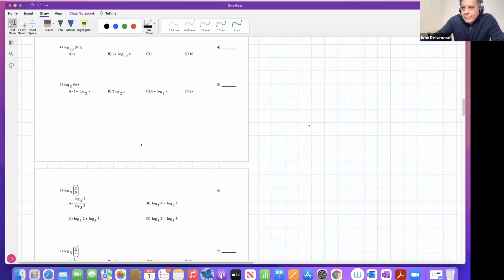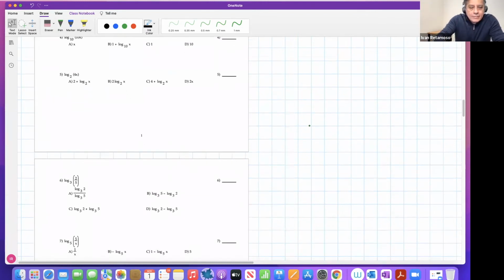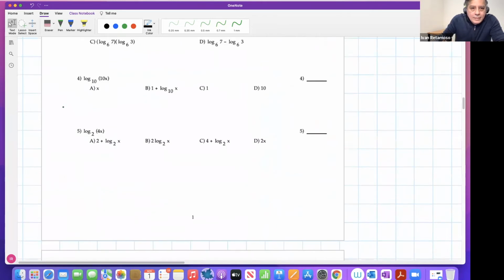For instance, we did change of base. Now, let's start with number 5. It's a good one, I think. Can you try this one? Can you rewrite this in simplified form? Can you expand this?